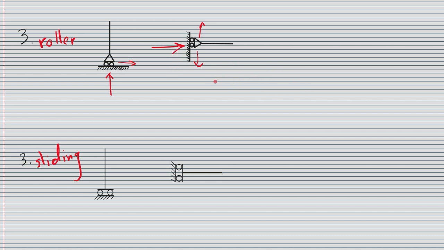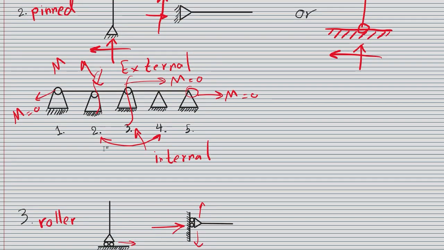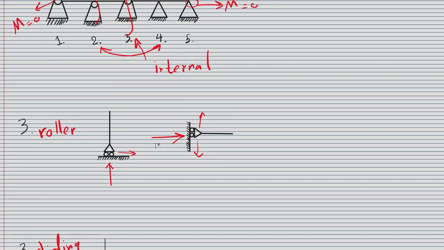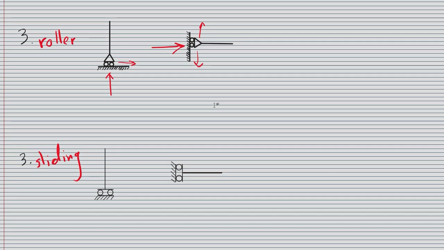All of the rules that I said about the internal and external pin also apply to the roller support. But for the sliding support, we have a little box here with some tires in it. So it can go freely in this direction, but it cannot go up and down. And since there are two tires underneath it, we have moments here. So there are 2 reactions to this one.